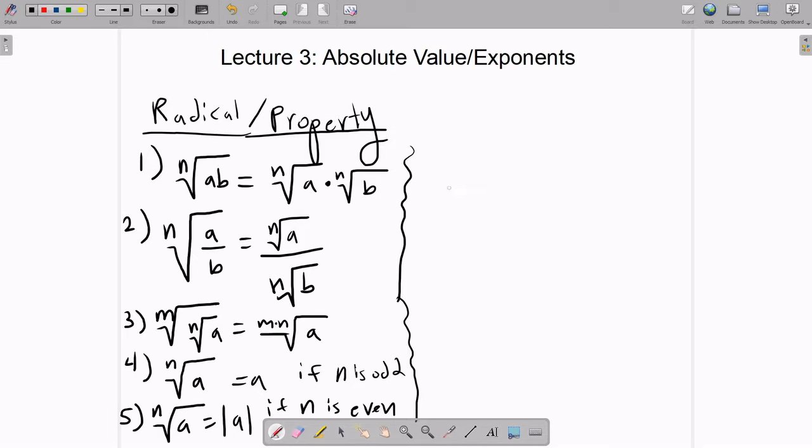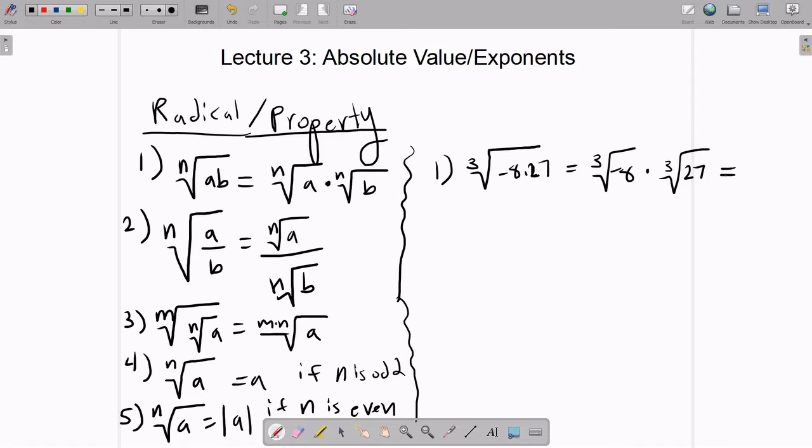Putting the numbers into perspective here, with the first example, let's just take the cube root of -8 multiplied by 27. This is equivalent to taking the cube root of -8 multiplied by the cube root of 27.